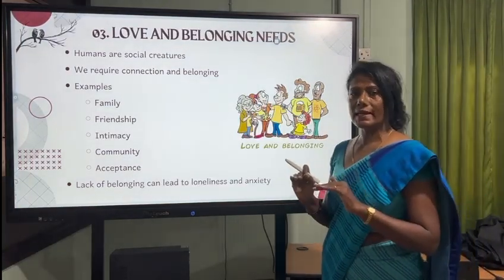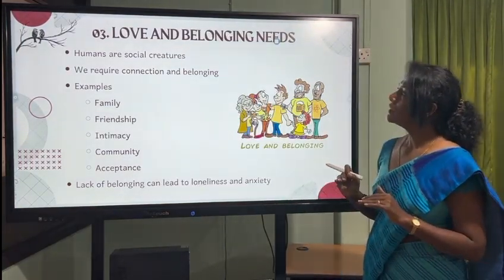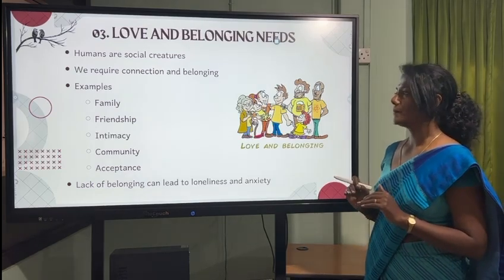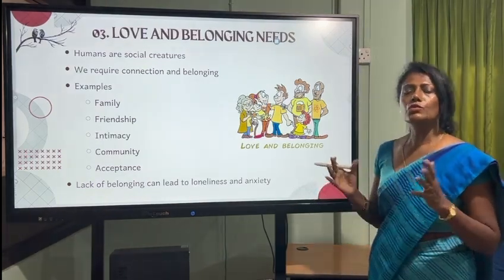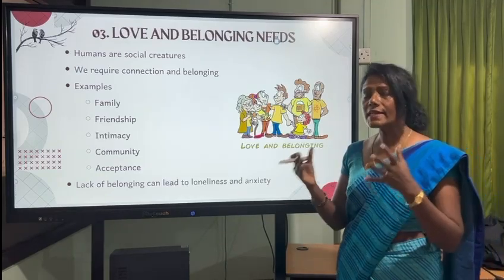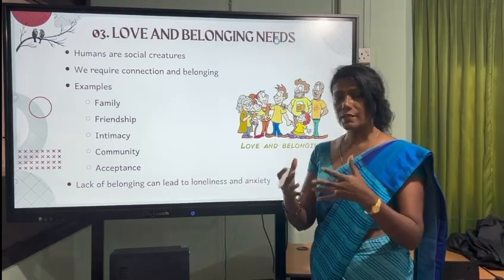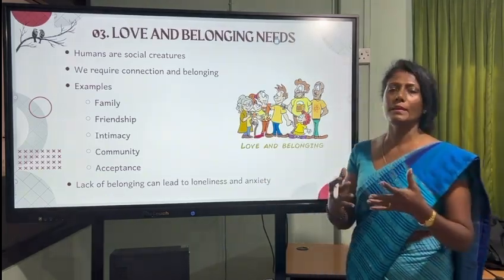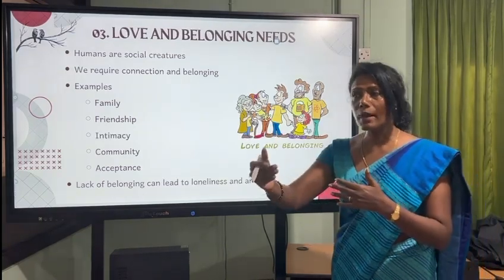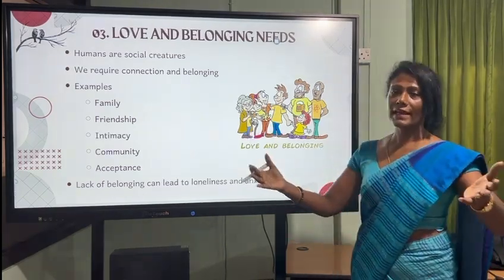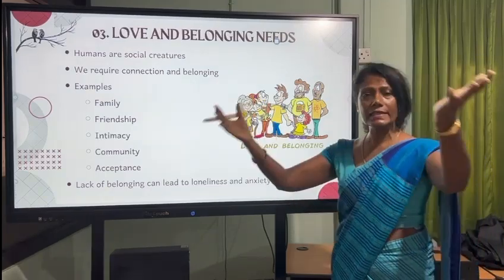When they meet that, they come to love and belonging. Humans are naturally social creatures. They tend to have connections, especially with family members. Once they have their family, they take a step outside, they have friends, and they have intimacy and community.